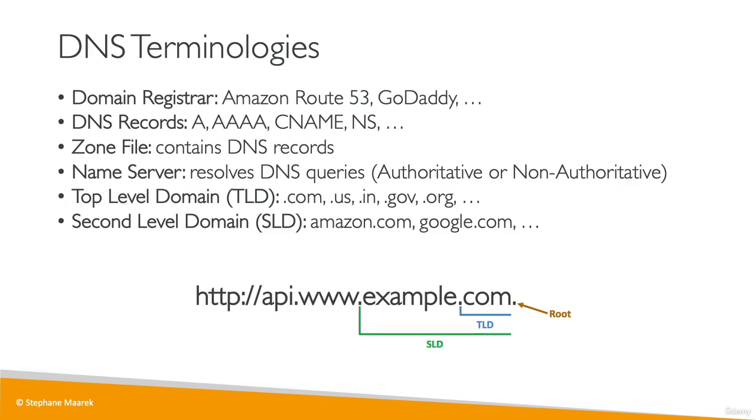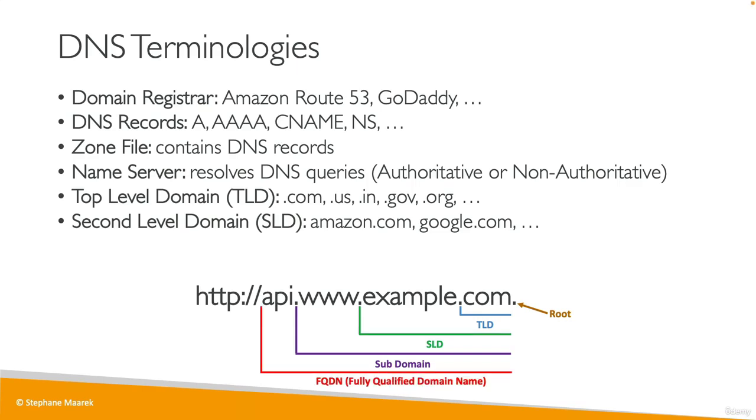The example.com is going to be your second level domain. Then we have www.example.com, that's your subdomain. api.www.example.com is your FQDN, your fully qualified domain name. HTTP is going to be your protocol, and all these things together is going to be your URL.